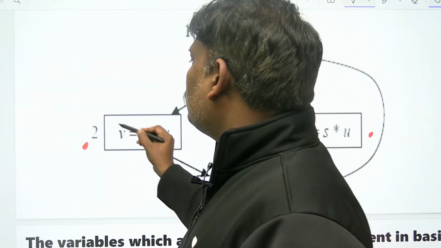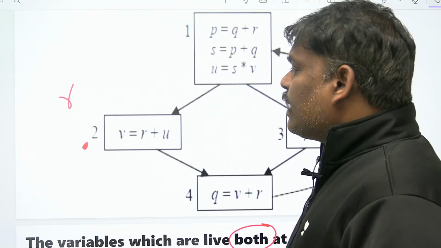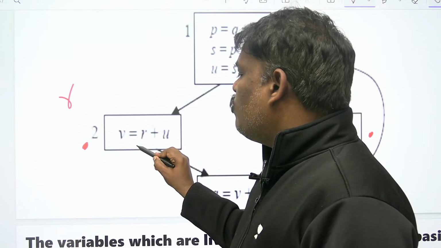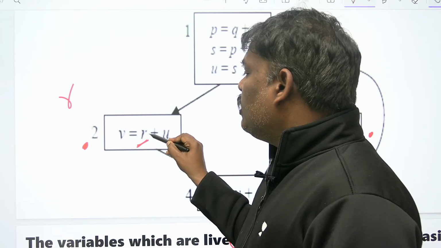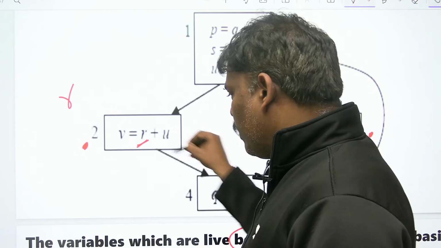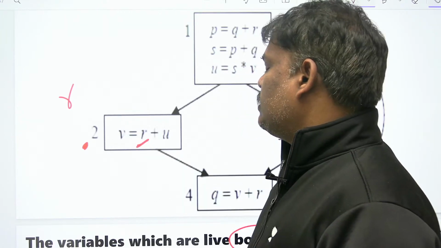In the second box, who are live? Is R live or not? See the definition. If you want to say something is alive here, you have to make sure that it will be useful either here or further. I think it is useful here itself, no problem. Yes, it is alive.